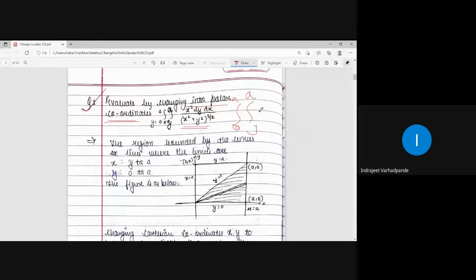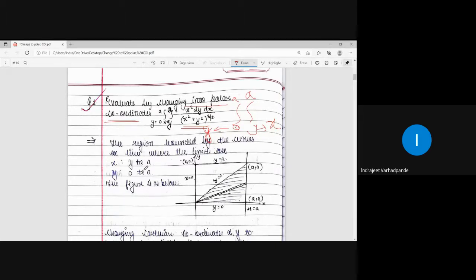But in this case, these limits appear in variable y, meaning they are limits for x, and obviously the other pair, which is constant, is the limits for the variable y.